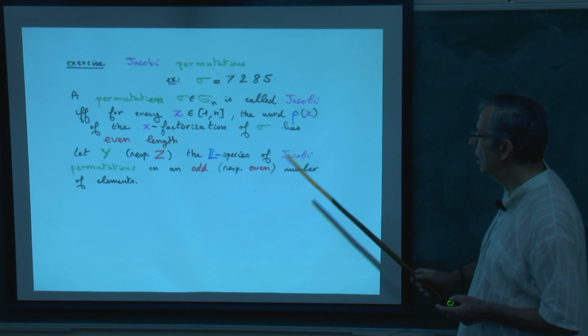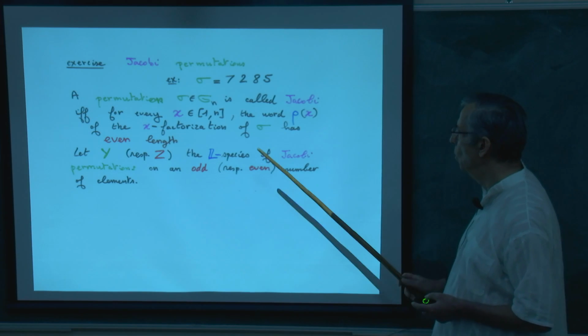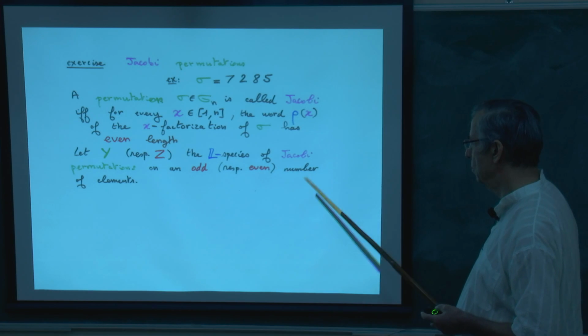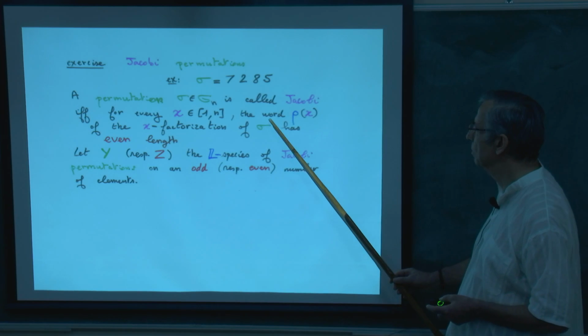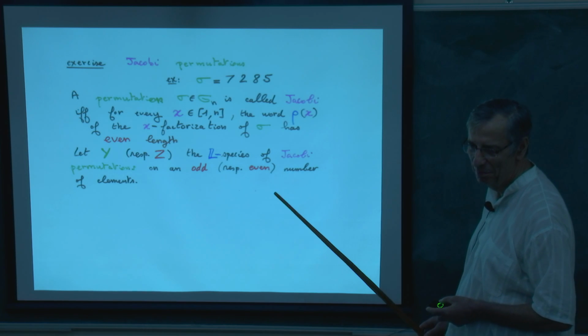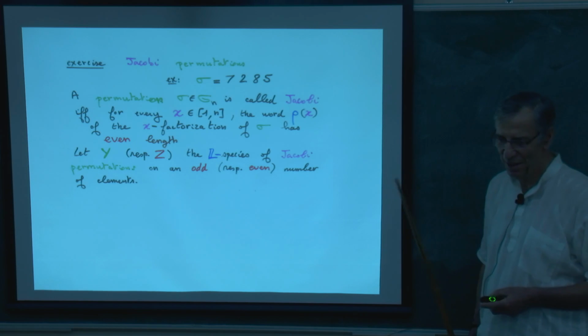Yes, the right factor. The right subtree. The right subtree in the factorization, yes, has even length.